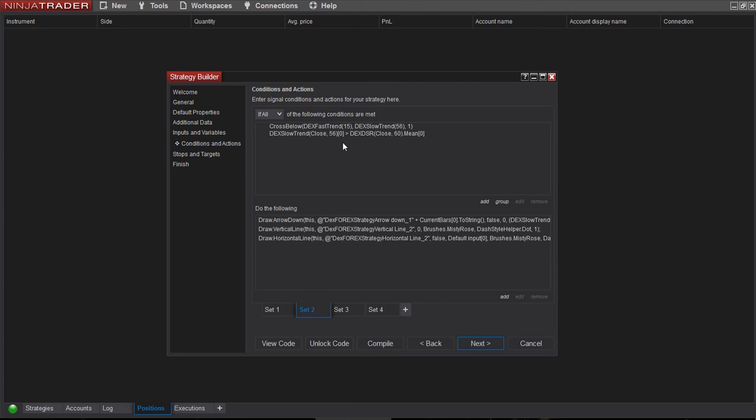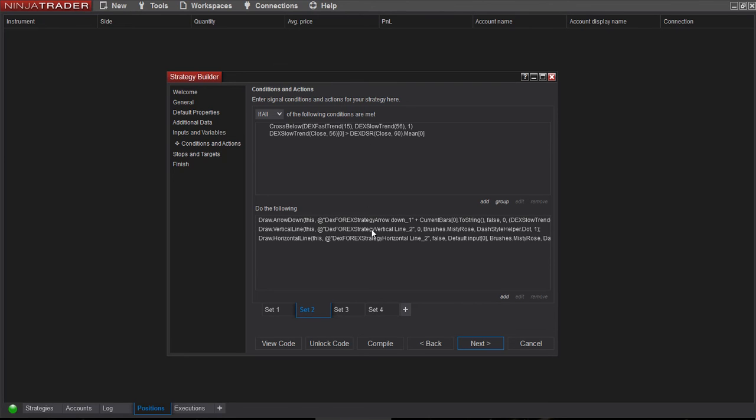Set 2, the DEX fast trend crosses below, this is our sell signal, the DEX slow trend, and remember if all is and, DEX slow trend close is greater than the DEX dynamic support and resistance mean.